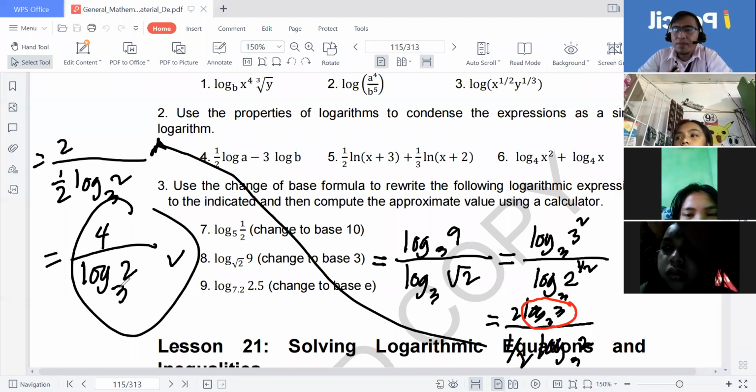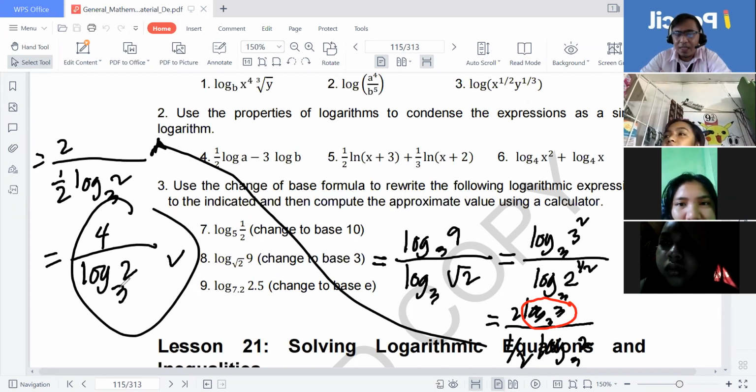Before we go, any questions? Sir, so we no longer answer it further? It can no longer be simplified. If you have your calculator, you can compute the log, but I will accept this answer.